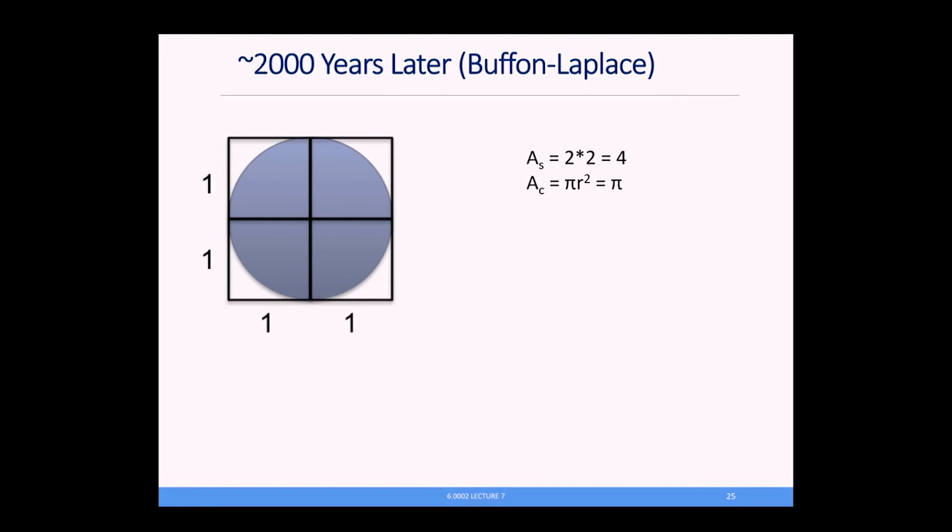The square is 2 units per side, and therefore we know that the area of the square is 2 times 2, or 4. We know that the area of the circle is pi r squared. And since r is 1, because that's the square it's inscribed in, the area of the circle is exactly pi.